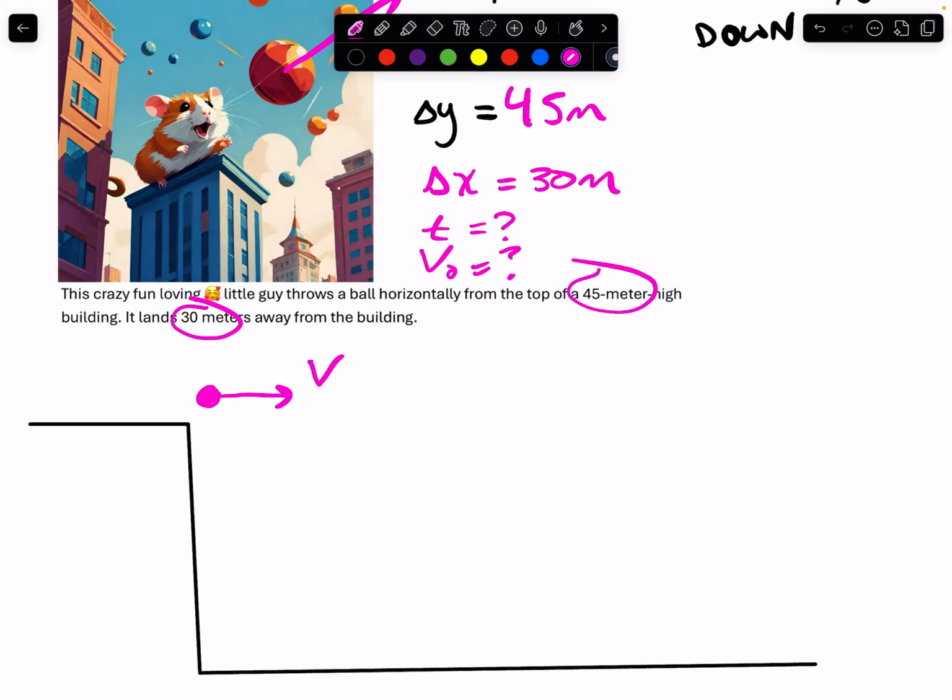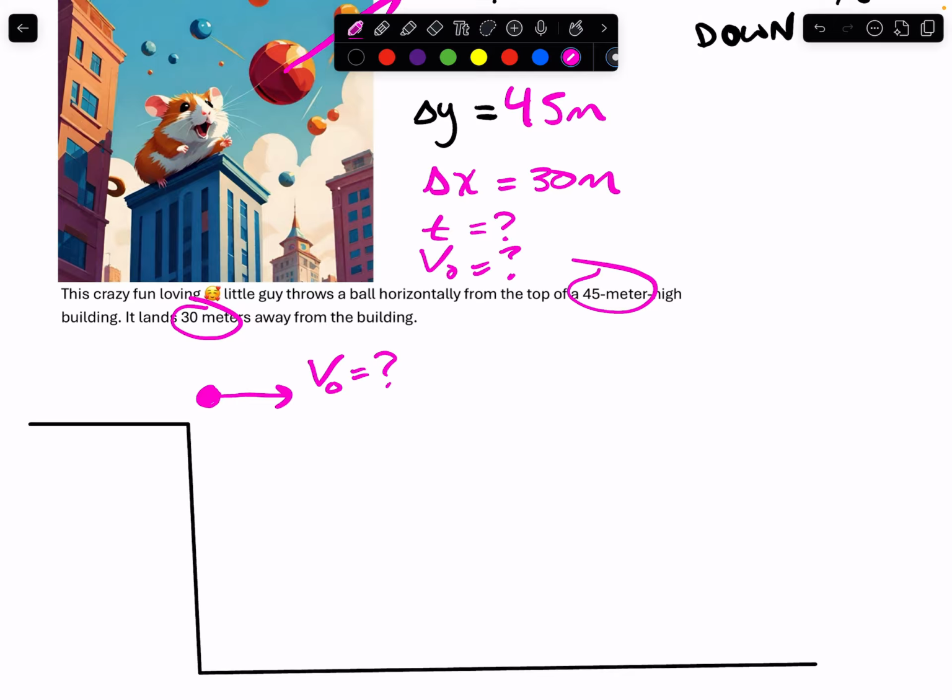We've done this problem a few times. Not exactly the same as this, but just like it. So we want to know what is V naught. In the previous problem, we knew what V naught was, and we had to figure out what X was. This is just the reverse. Now we know what X is, but we don't know what V naught is. You work it out exactly the same way.